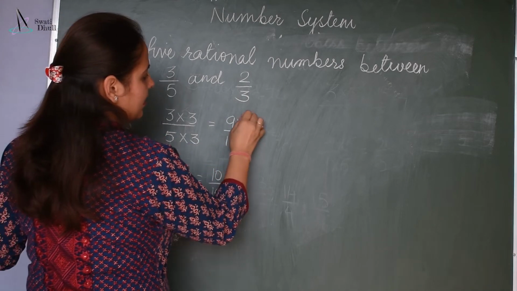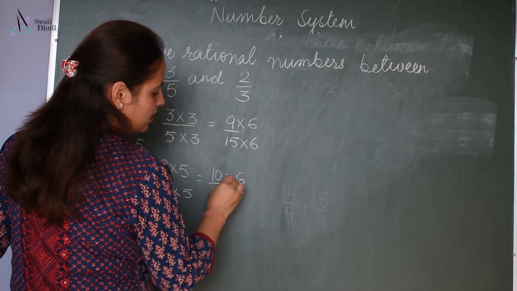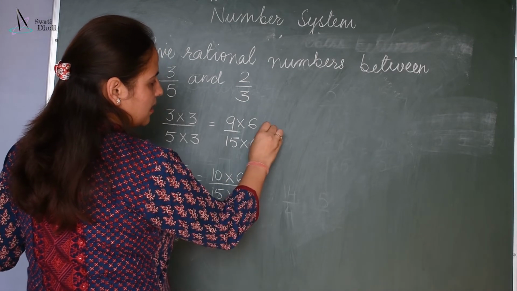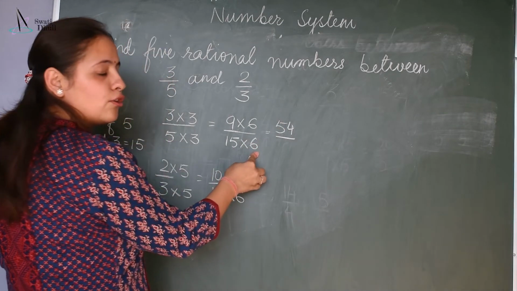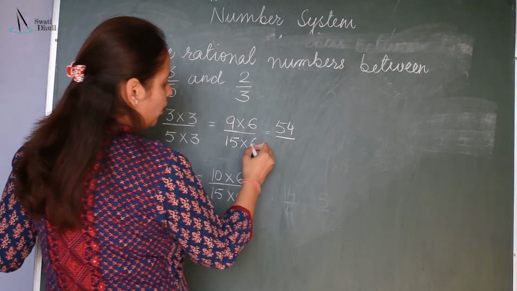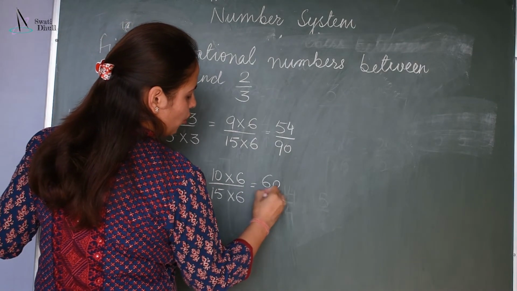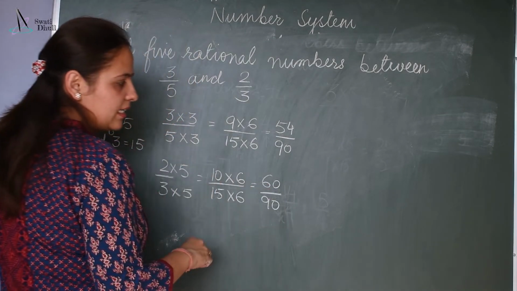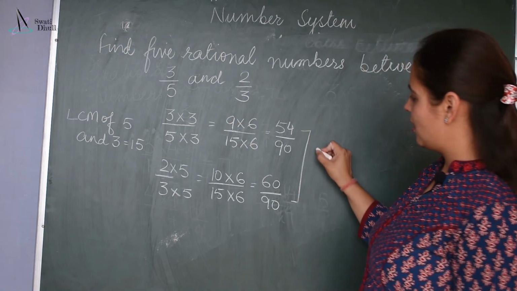You have to multiply by 6. So 9 into 6 is 54, 15 into 6 is 90, and similarly 60 upon 90.